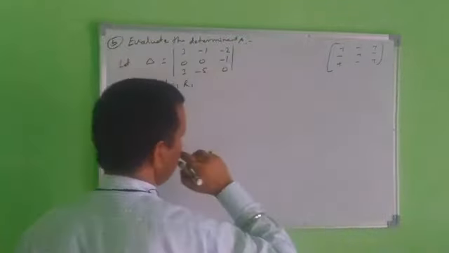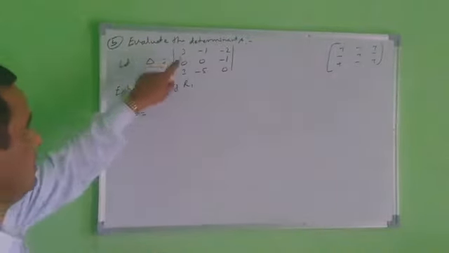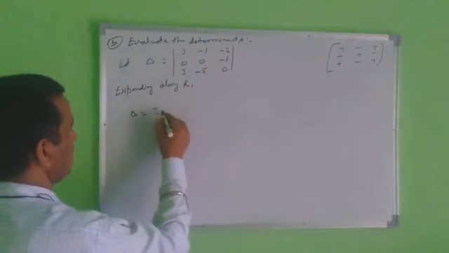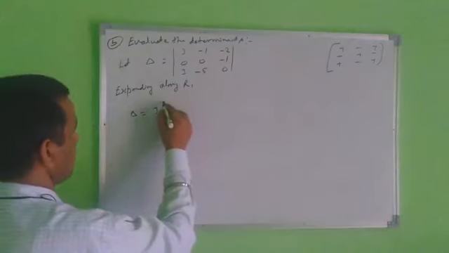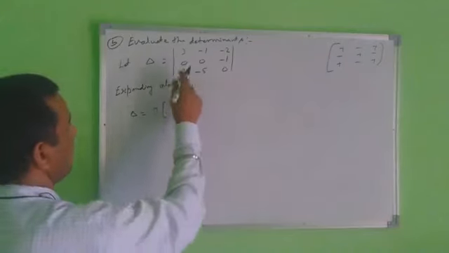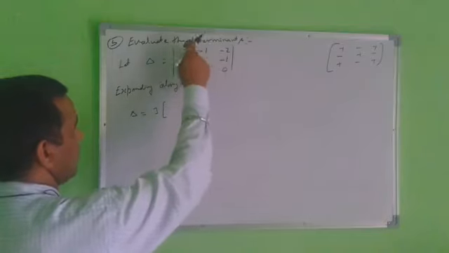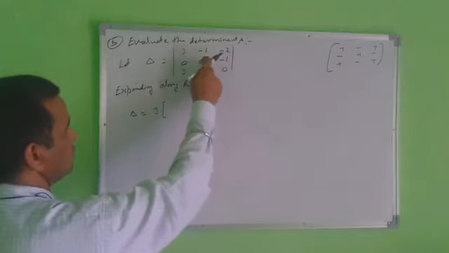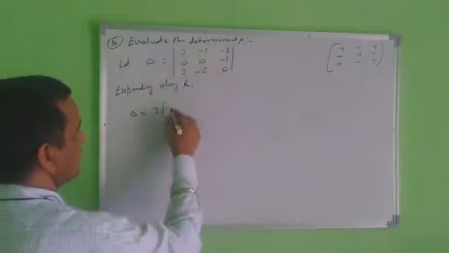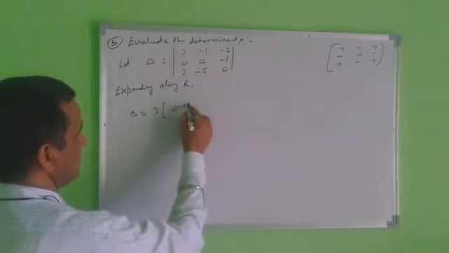The first value is 3, so you write 3. Then this row and this column will be hidden: 0 into 0 is 0, minus minus plus, again minus 5.